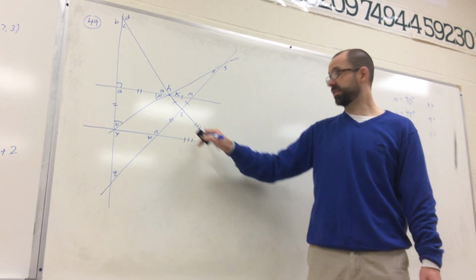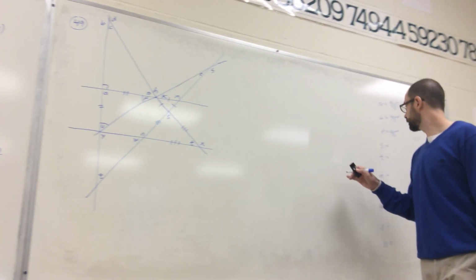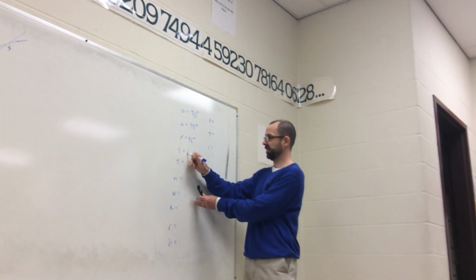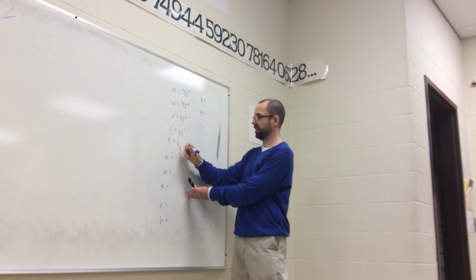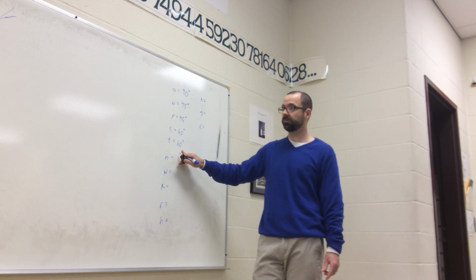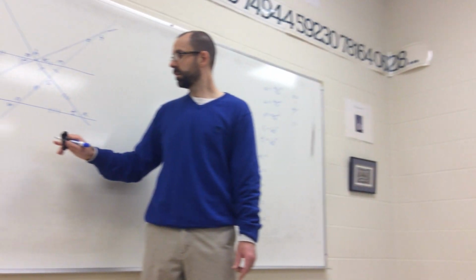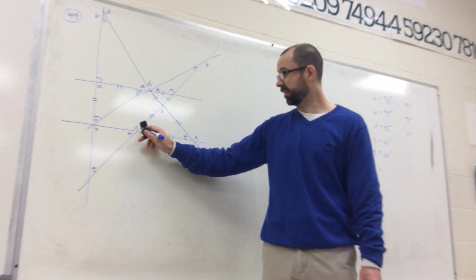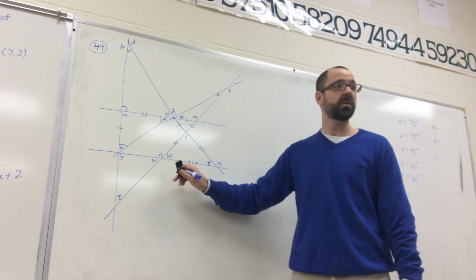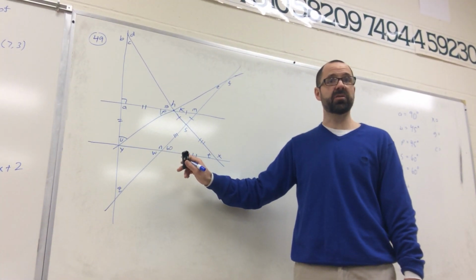So that means S and T are 60. So write down S equals 60 and T equals 60. And also this angle is 60 here. Because all three angles of an equilateral triangle add up to 60.